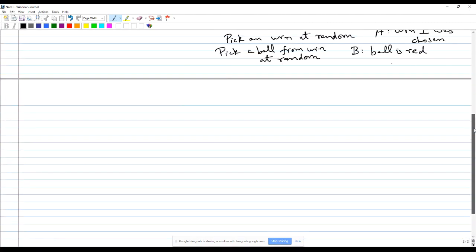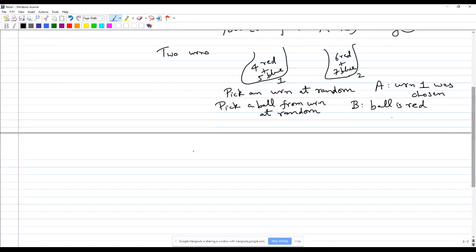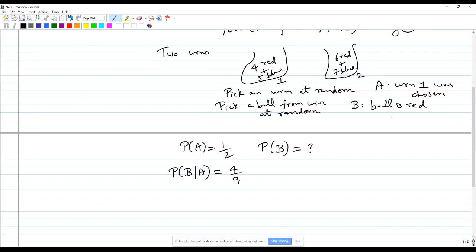So in this example, hopefully you can see probability of A is half. That's easy. And probability of B, we're not able to easily think of that, but what's also easy is probability of B given A. Given that urn 1 was chosen, probability of having red is easy to write down, 4 by 9.